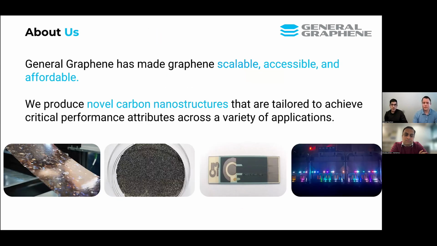What we can say about our company is that through this journey, we have managed to make the CVD graphene form of material scalable, accessible, and affordable, and that we're able to take our process and tune it to produce really novel carbon nanostructures that are tailored to achieve very specific critical performance attributes across a variety of applications. And on your screen there, you'll see some images of our various products, along with an after dark image of our production system.